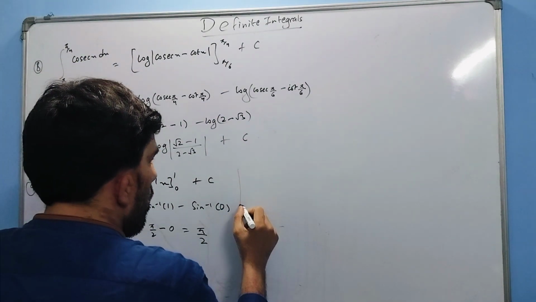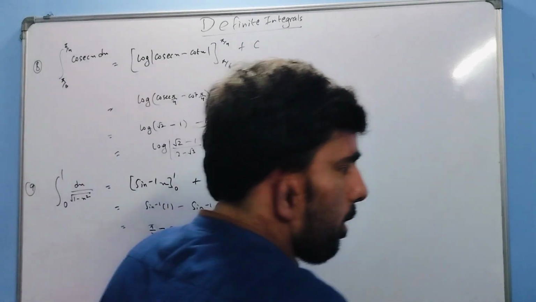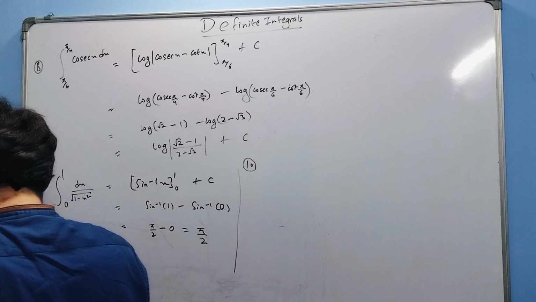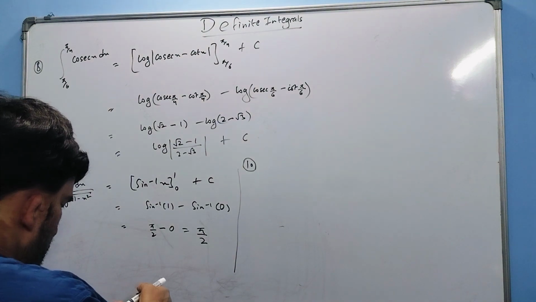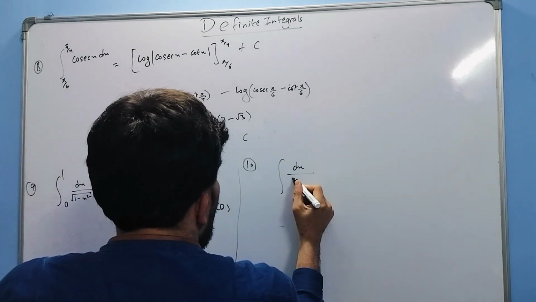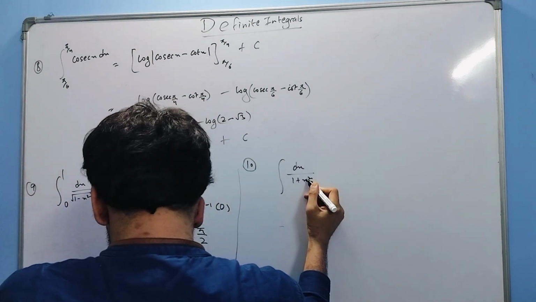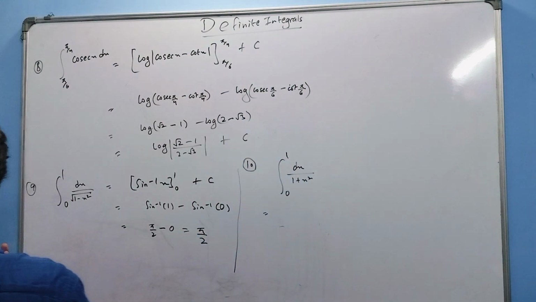Let us try to solve more. Now I have the 10th numerical. Let us see what the 10th numerical says. The 10th numerical is about the integral of dx upon 1 plus x square from 0 to 1. Now we'll try to solve the numerical in a very easy way.